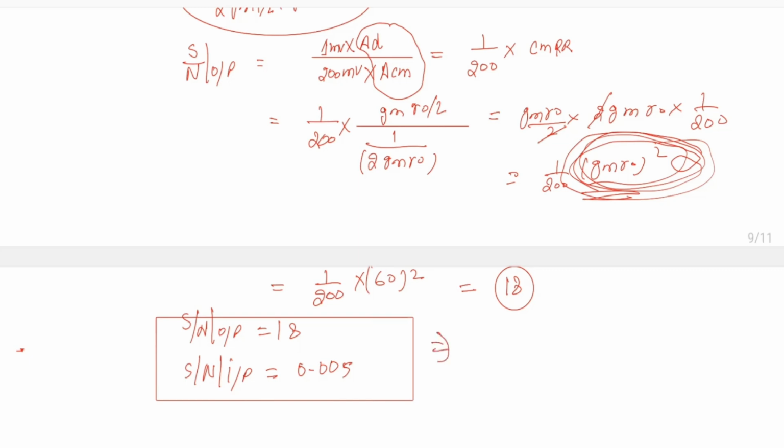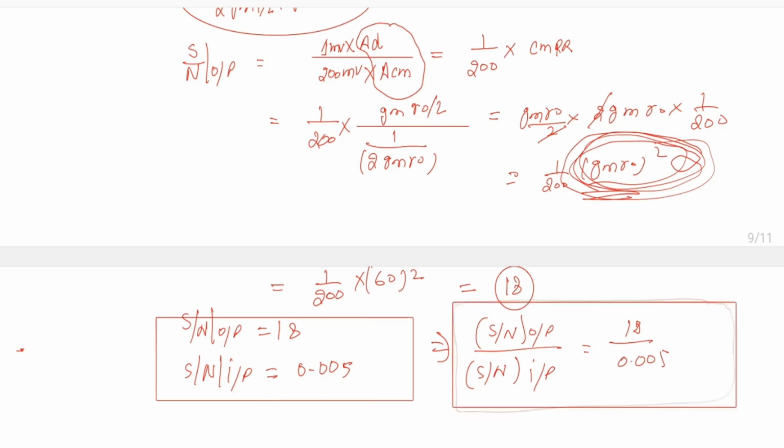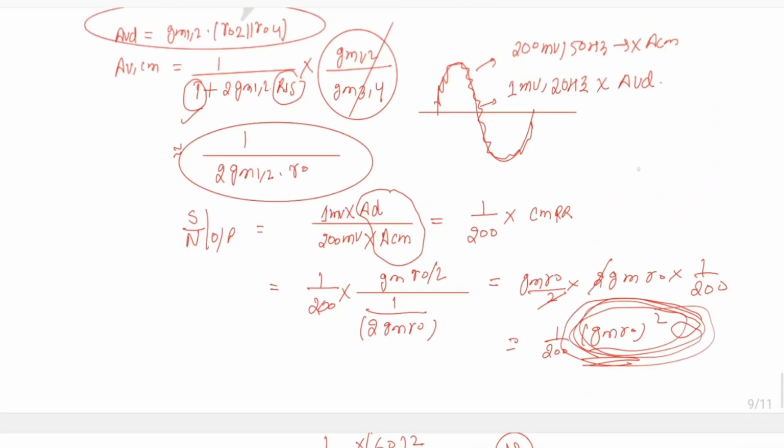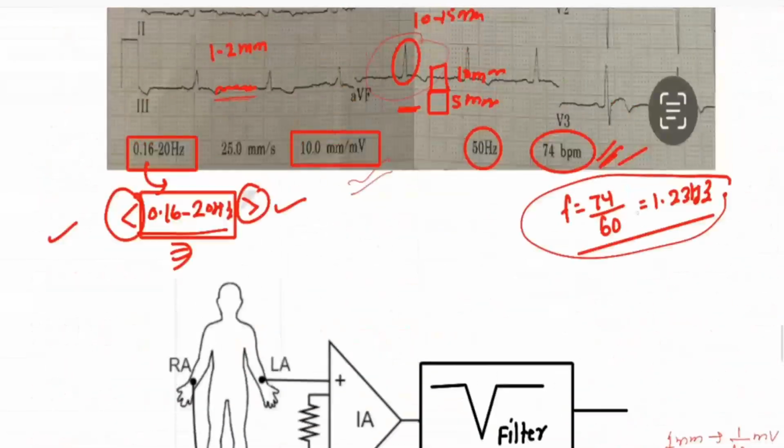If I take the ratio, that is signal to noise ratio at output divided by signal to noise ratio at the input, that will be 18 divided by 0.005. So that is a lot. We are rejecting too much of our common mode noise. So this is the importance of high CMRR. So we generally prefer high CMRR in the circuit.